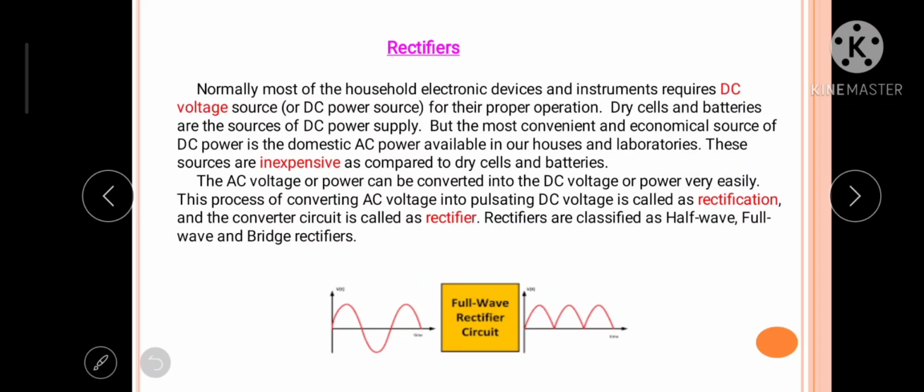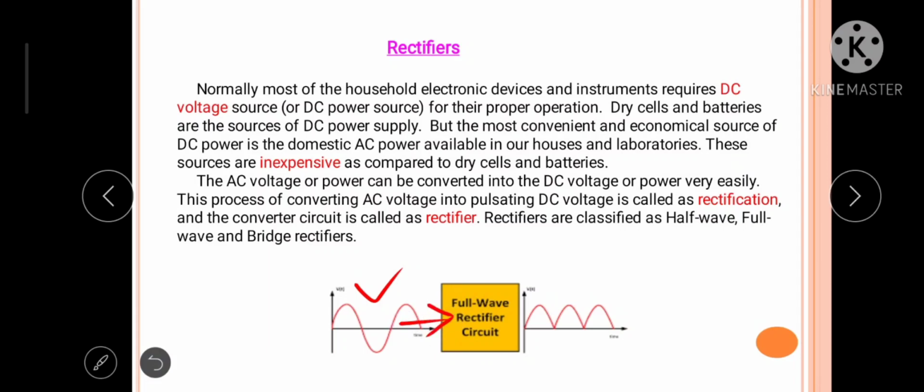This process of converting AC voltage into pulsating DC voltage is called rectification, and the converter circuit is called a rectifier. As shown in this block diagram, we apply this AC signal to this rectifier.